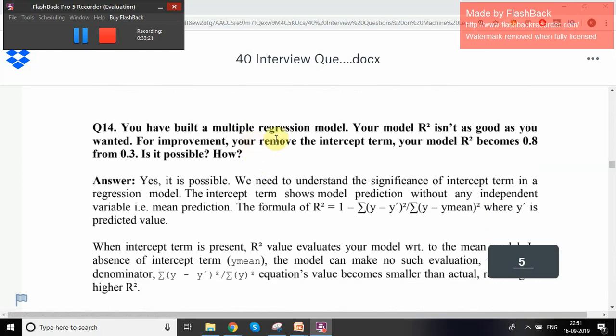So you have built a multiple regression model, and your model's R square isn't as good as you wanted. For improvement, you remove the intercept term, and your model's R square becomes 0.8 from 0. How is it possible? To understand this, we have already discussed what exactly the R square formula is.